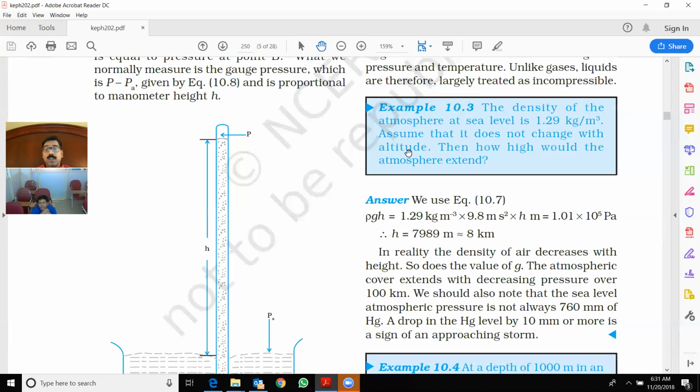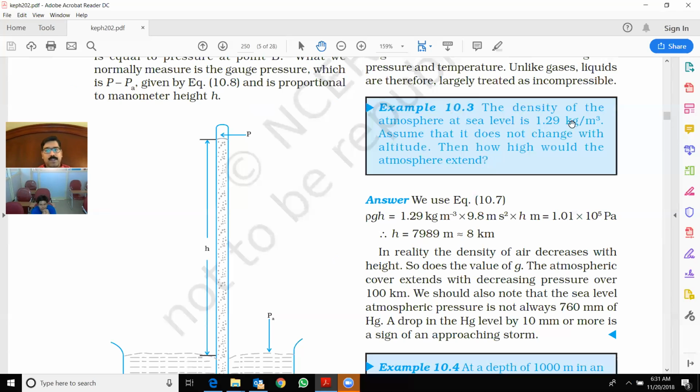In some books, it will be mentioned as 300 kilometers. In some other book, it will be mentioned as 500 kilometers, right? So it depends. Only one of those will be correct. So there are different justifications for those measurements, but if you have to assume that density is constant, you will get only this much value.